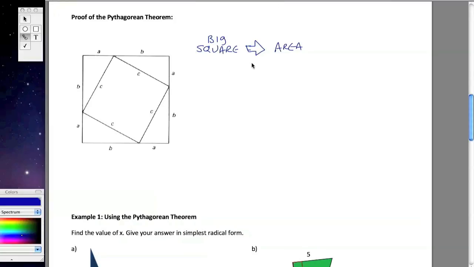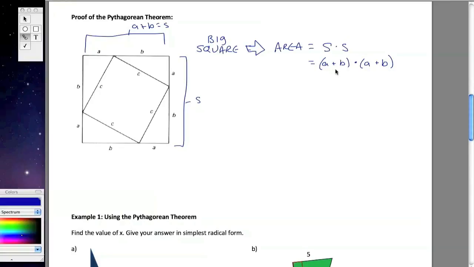The area of the big square is going to be side times side. Well, that's really equal to a plus b times a plus b, right? Because this side is a plus b, and this side is a plus b.